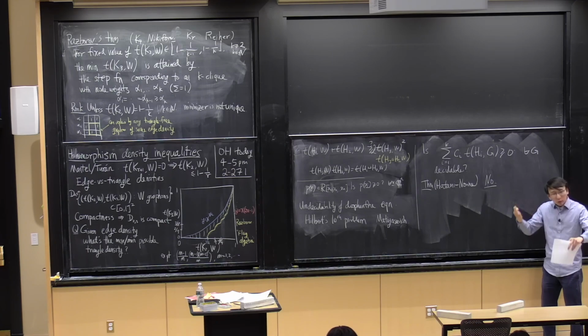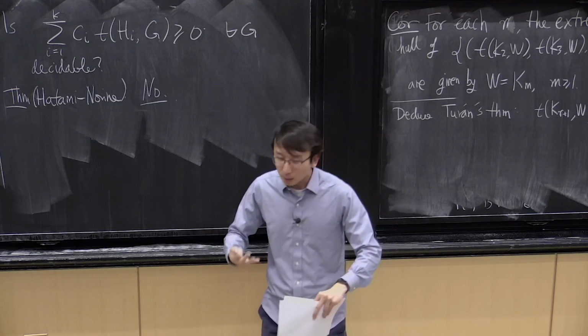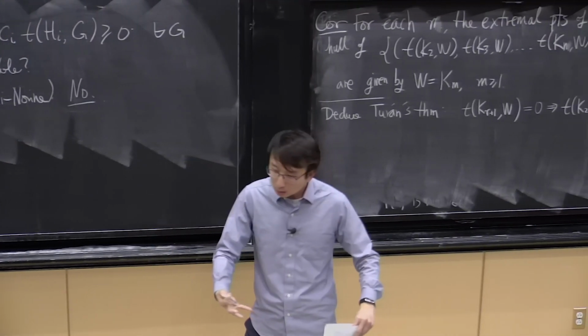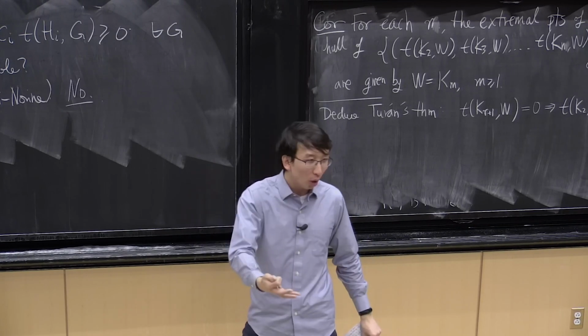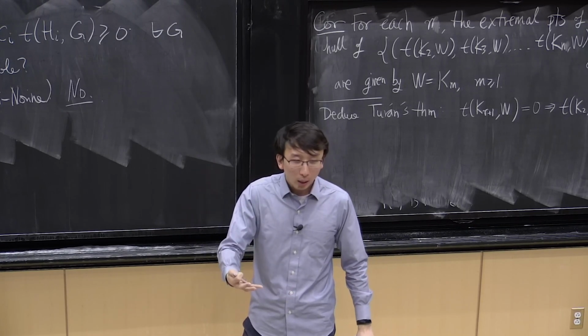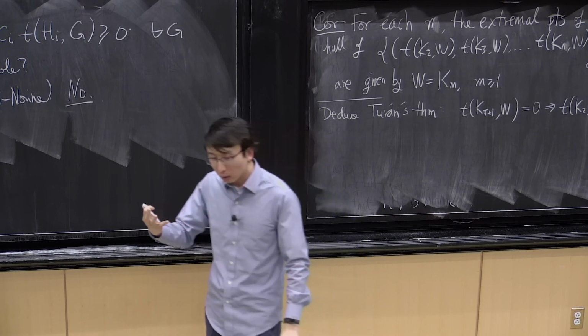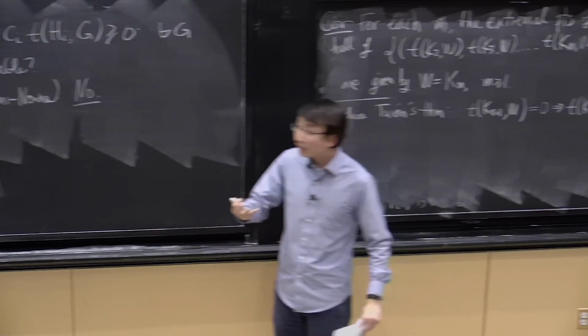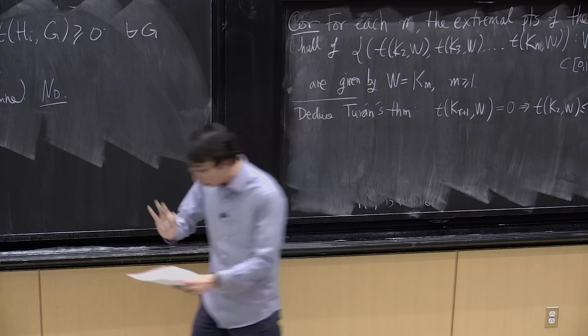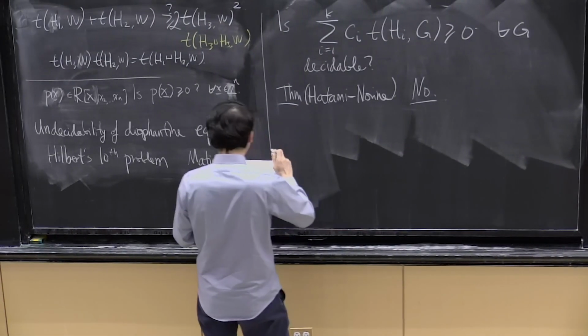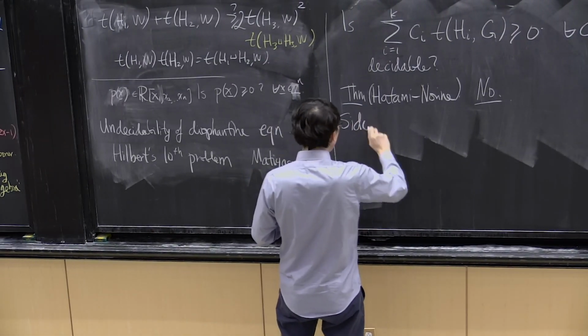But general undecidability results are interesting, but often we're interested in specific problems. Right? So I give you some specific inequality and ask, is it true? And there are lots of interesting open problems of that type. My favorite one, and also a very important problem in extremal graph theory, is known as Sidorenko's conjecture.